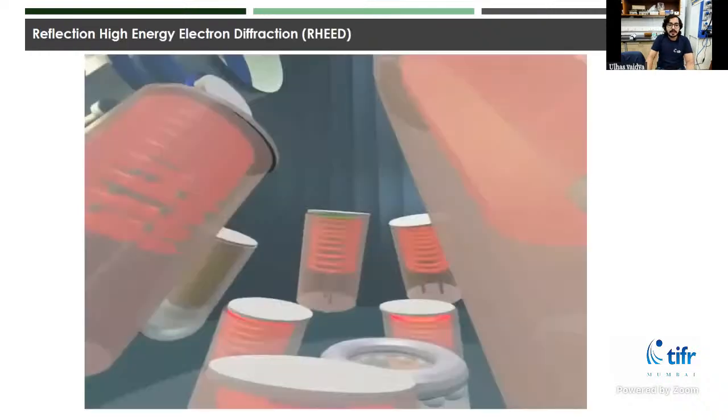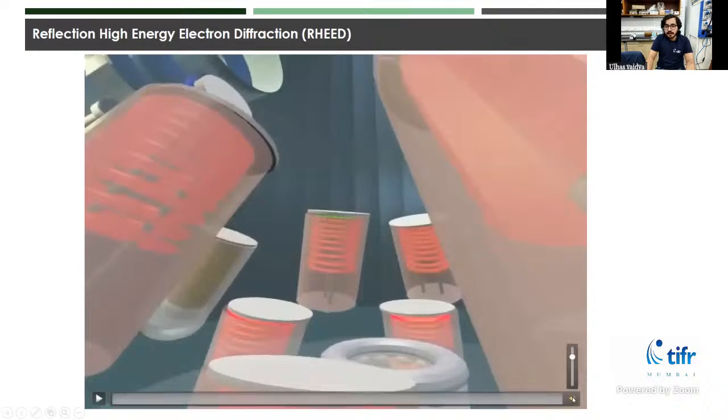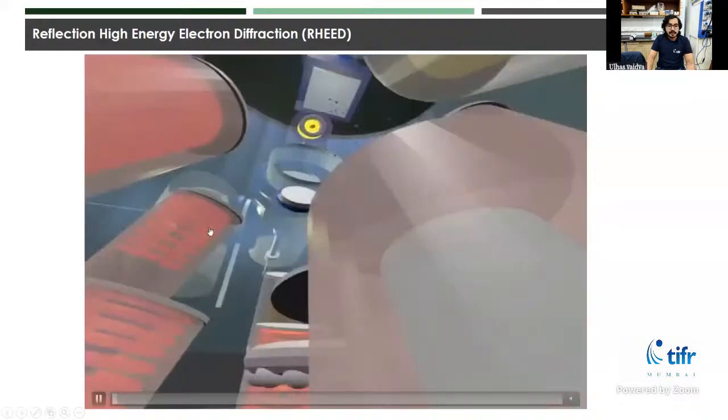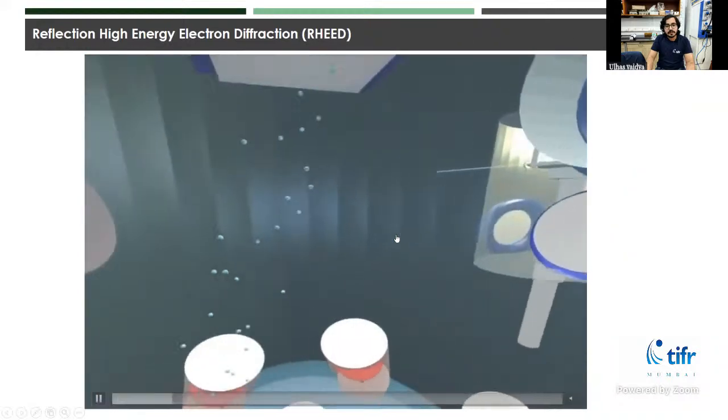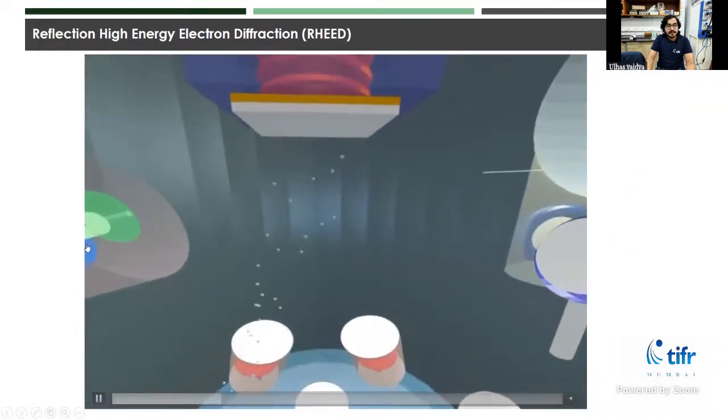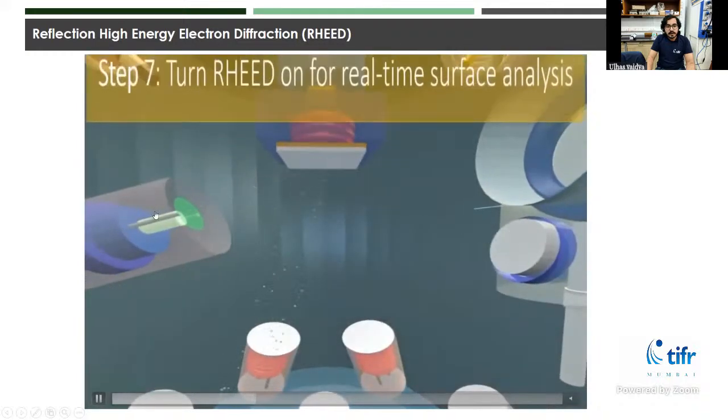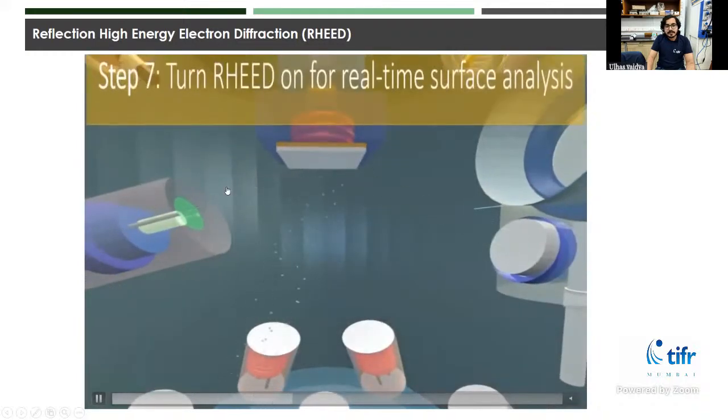So let's see a video to clear our understanding of the inside of MBE. These are effusion cells, and as we are heating up the effusion cells, the atoms are getting deposited on the substrate. And using a RHEED gun here, we are shining an electron beam, and this electron beam is getting reflected from the substrate.